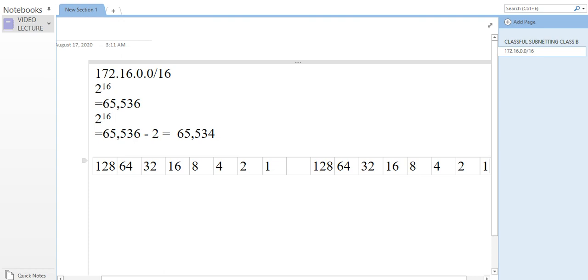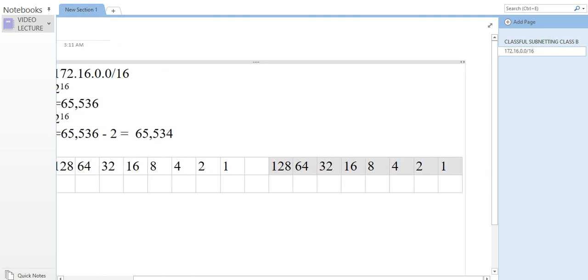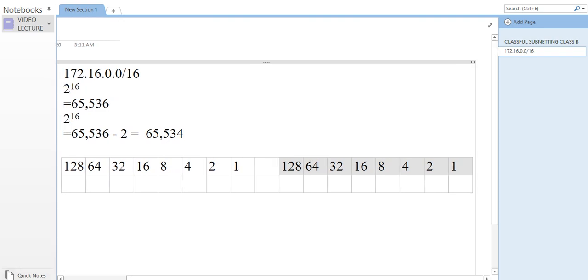So this 8 bits is from here all the way down to here, and this other one is all the way from here down to this one.